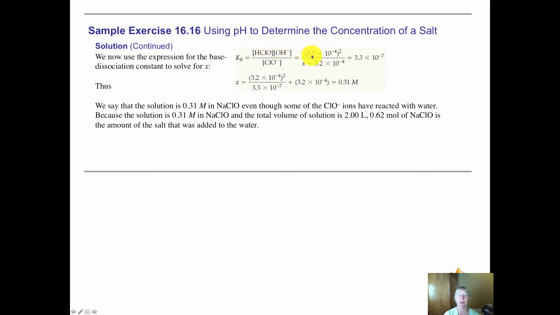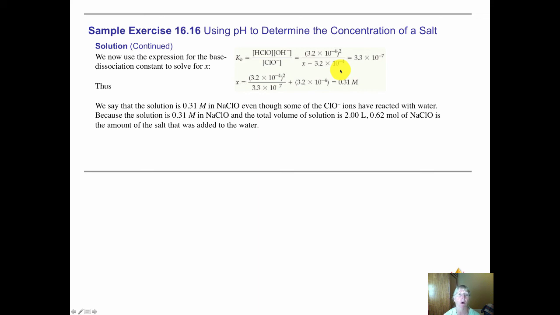We have the hypochlorous acid and the hydroxide ion concentration, so that's why it's squared. And notice that this time, the original amount minus the change, I get to leave the X in. And the cool part is because that's not being squared. And I need to solve for X.